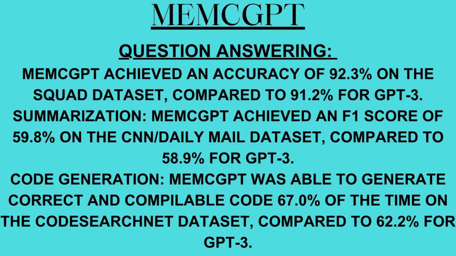Summarization: MEMCGPT achieved an F1 score of 59.8% on the CNN/Daily Mail dataset compared to 58.9% for GPT-3. Code generation: MEMCGPT was able to generate correct and compilable code 67.0% of the time on the CodeSearchNet dataset compared to 62.2% for GPT-3.